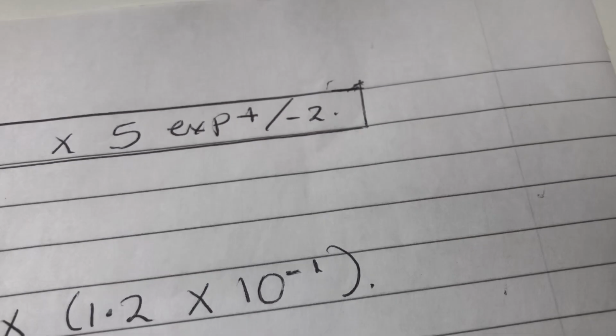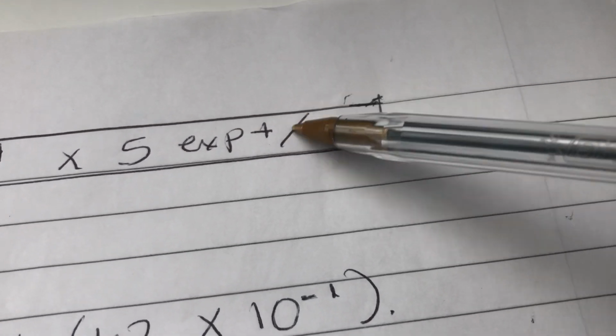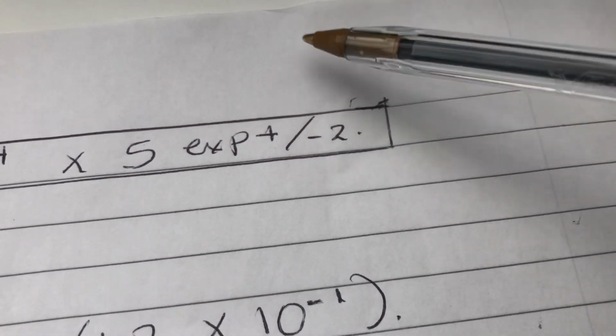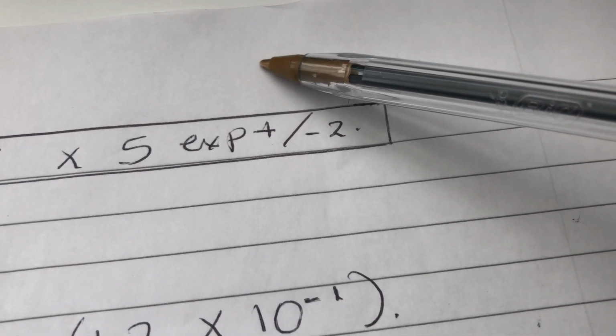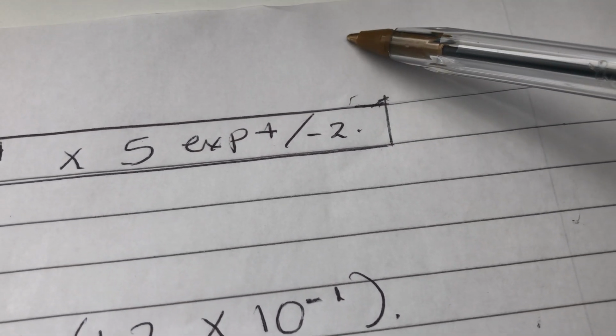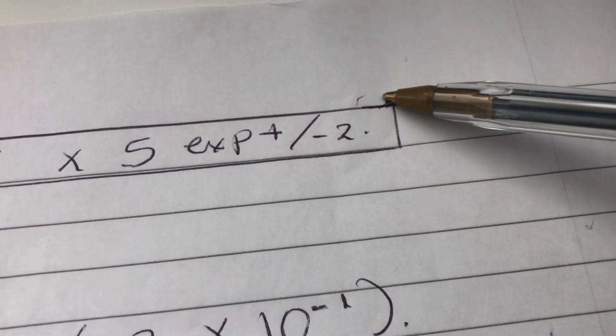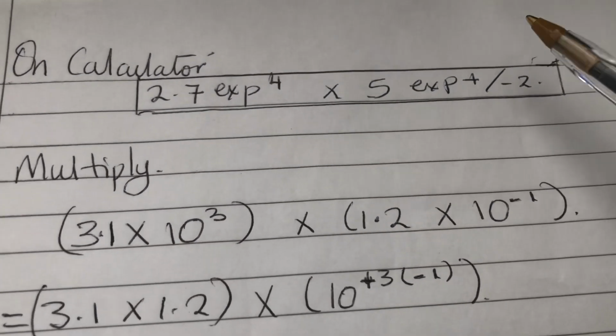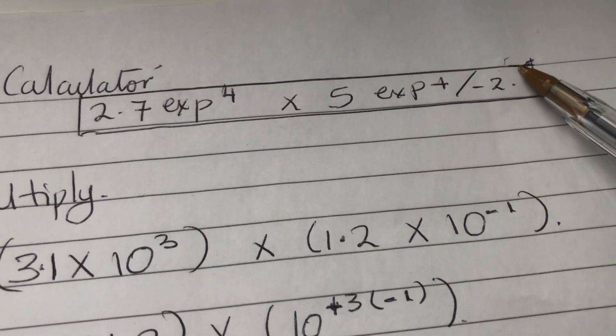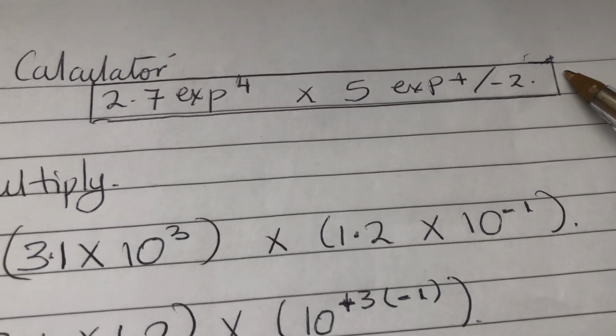Okay, that's why I put a slash there. So you have to be careful. You can either do 4 minus 2 or 4 plus minus 2 on the exponential side, this side. Okay, go and try it. It's easy to do.